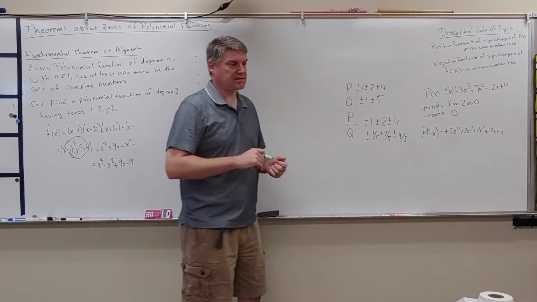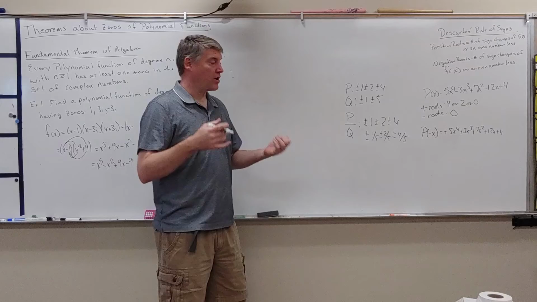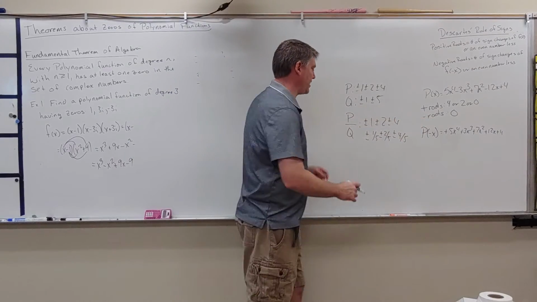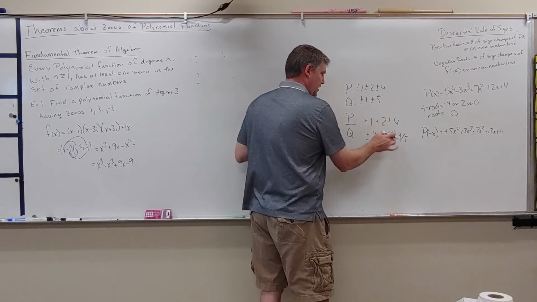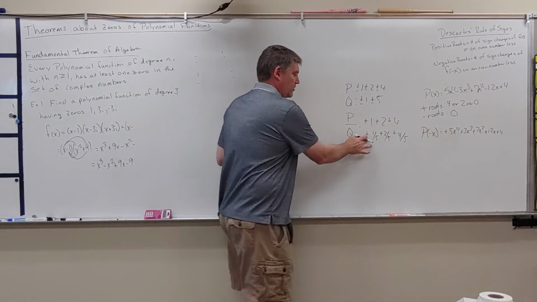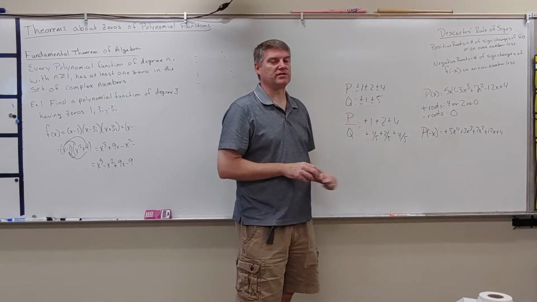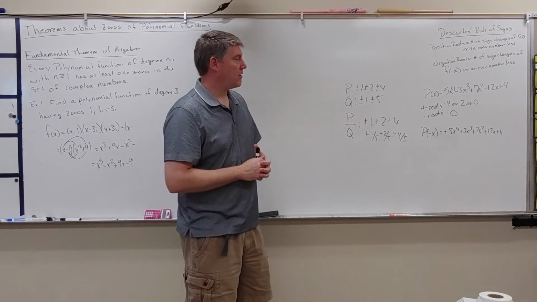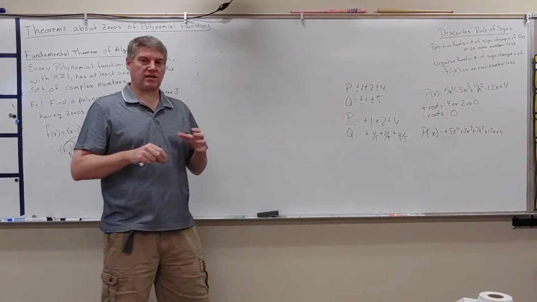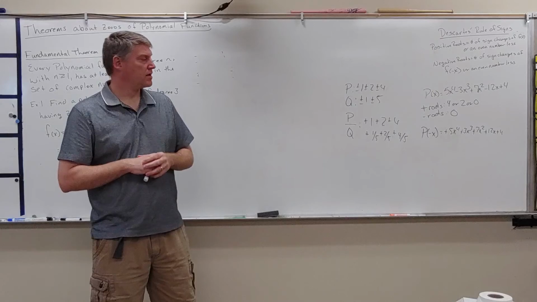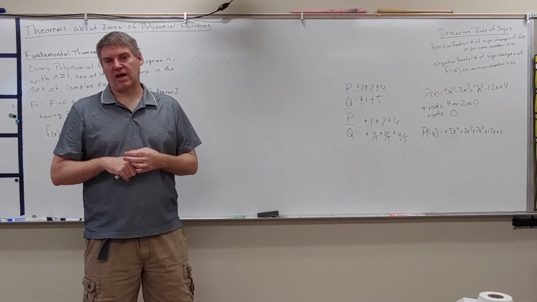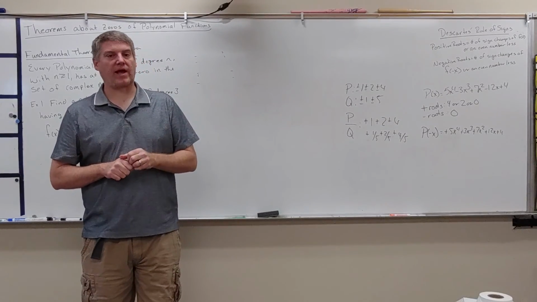But do I need to test -1, -2, -4? No, because I can't have any negative roots. So it already eliminated half of those possible roots. I only need to test the positive ones to see if they're zeros. Okay? So that's kind of a refresher on Descartes' rule of signs and the rational root theorem.